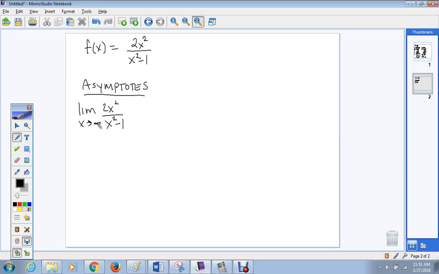Now if we use direct substitution, we would get infinity over infinity, so we can apply L'Hopital's rule. So we would get the limit of 4x all over 2x. And if we use direct substitution, again we would get infinity over infinity.